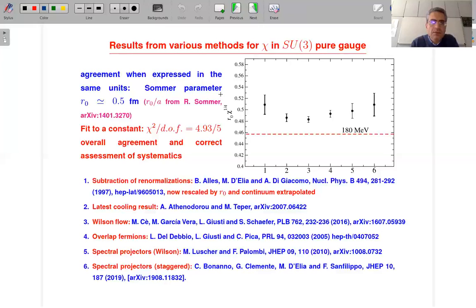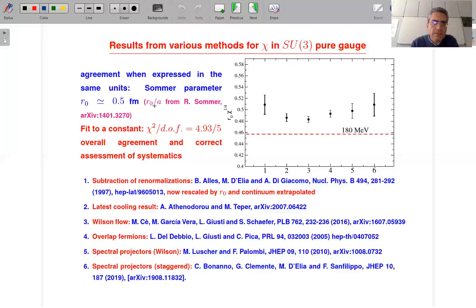but one should take care that I had to work a bit on some results. For instance, the agreement is that we have 6 determinations, and I reported everything in the same physical units, in units of the Sommer parameter.